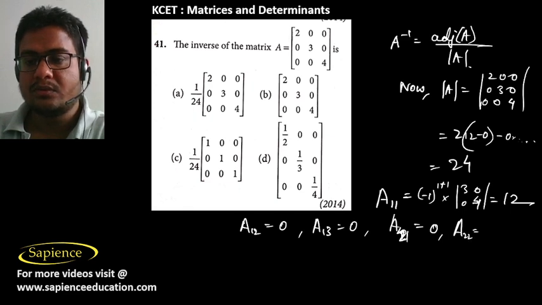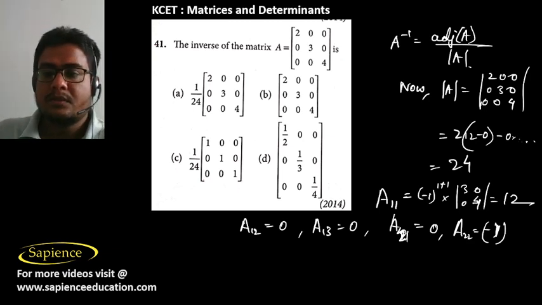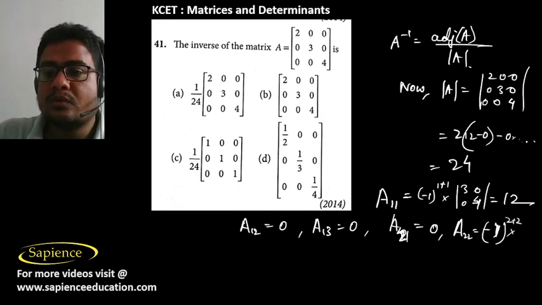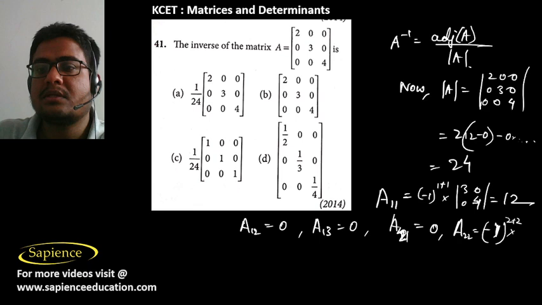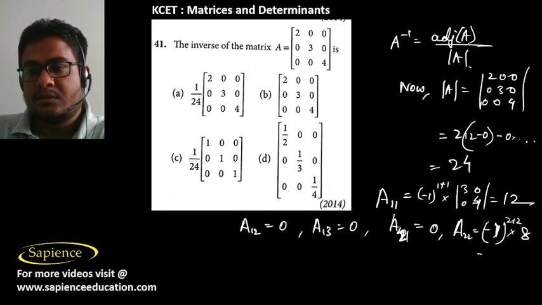And A22 is minus 1 whole raised to 2 plus 2 into, we have to remove the second row and second column. So this will be 2 4s are 8. So this will be 8.